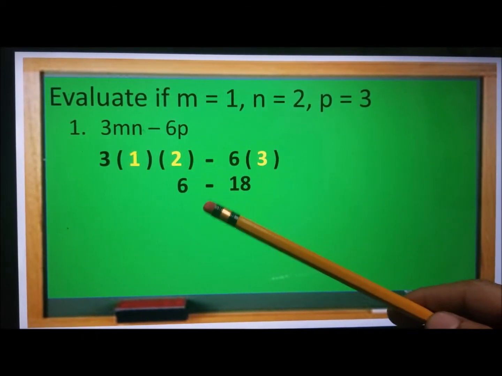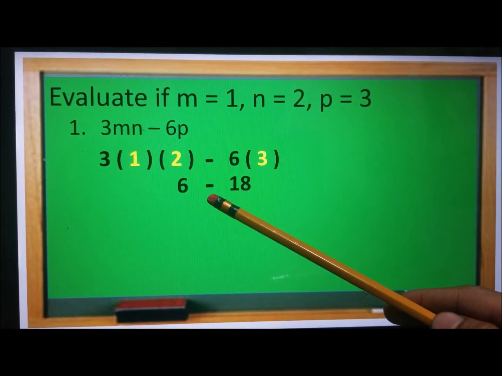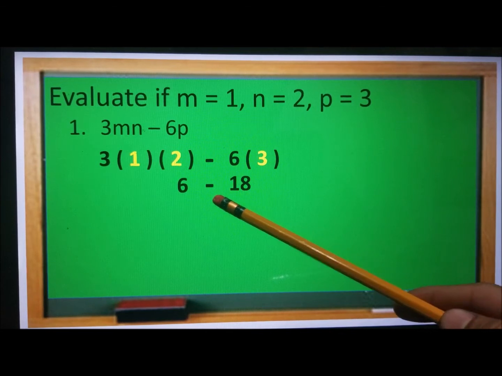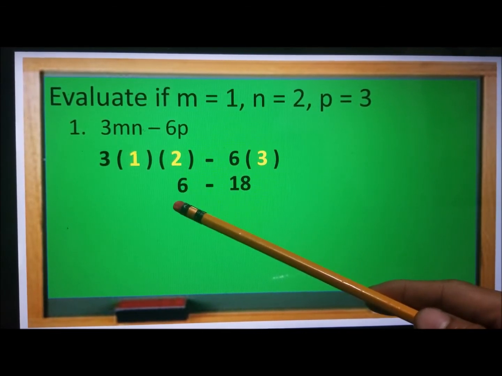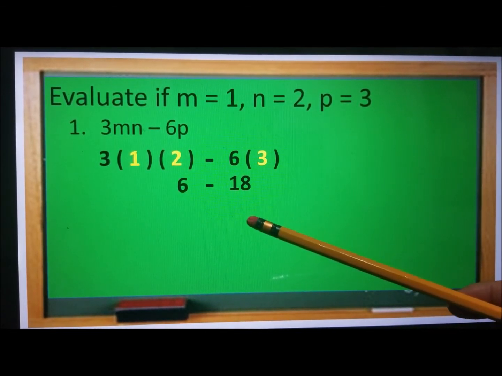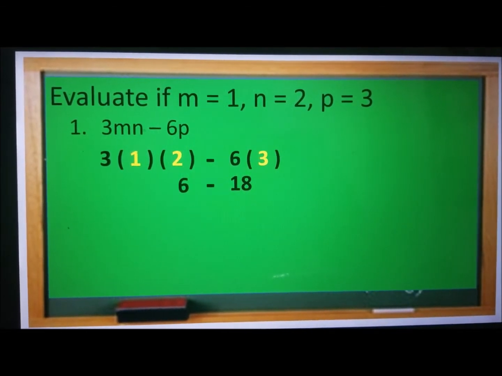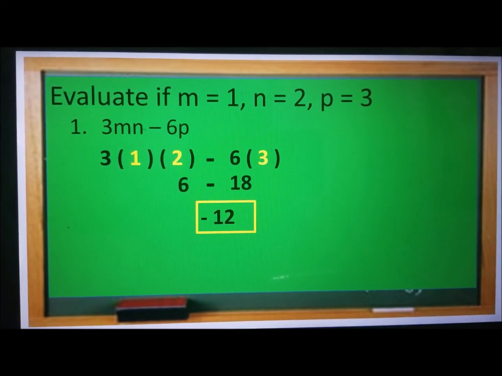So this time we only have subtraction that is present in our expression. So all we have to do is to subtract the term with the other terms. So we have 6 minus 18 is equal to negative 12. So 3mn minus 6p is equal to negative 12 when m is equal to 1, n is equal to 2, and p is equal to 3.